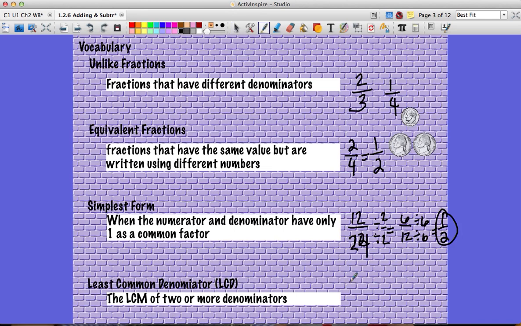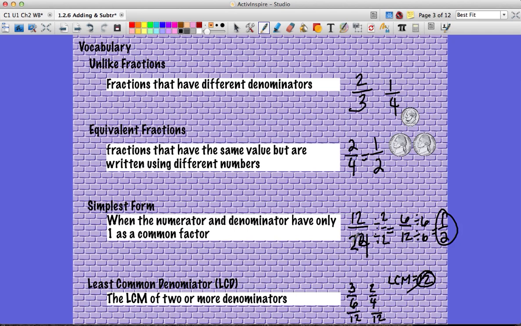So for example, if I had 3/6 and 2/4, the LCM of 6 and 4 is 12. So 12 would be the least common denominator because we could change 6 into a 12 and we could change 4 into a 12.